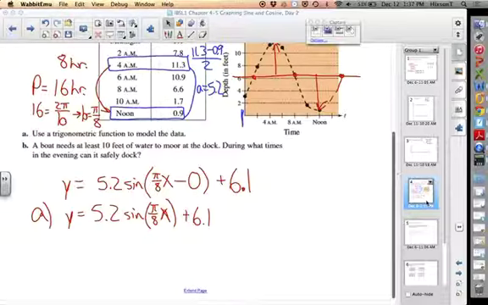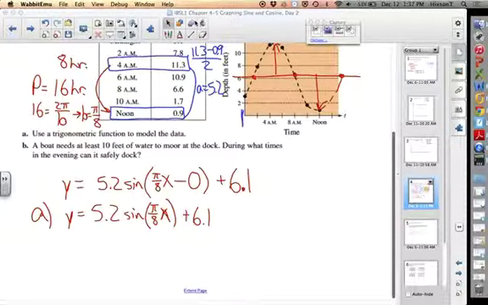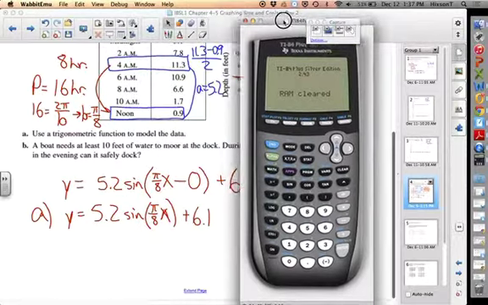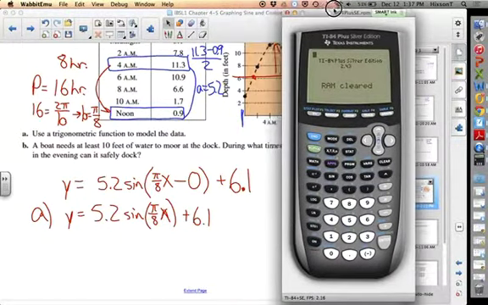Okay. So let's bring up the calculator and get your calculators out as well, okay? First of all, what unit of measure are our angles in? Radians, okay? So go to y equals, and first of all make sure that your units are in radians. And then if you put in this formula that we just found, you should be able to figure out how deep the water is going to be at different times.